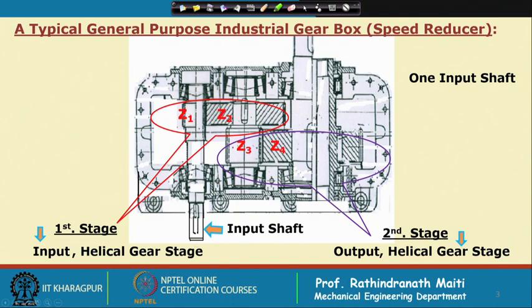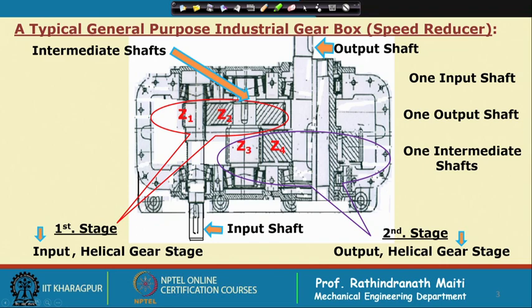So, this is connected to the prime mover through which the power is coming to this pinion, and then it is modulated to the higher torque with this gear, and finally, this is the output shaft. So, we have one input shaft, one output shaft. Now, this shaft is called the intermediate shaft.